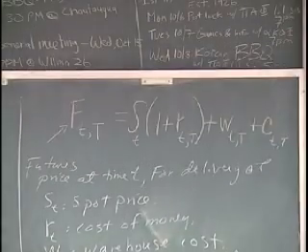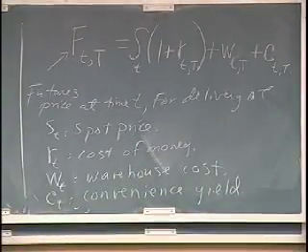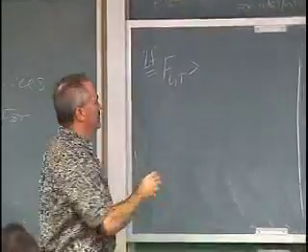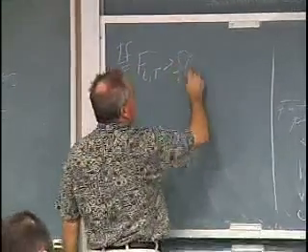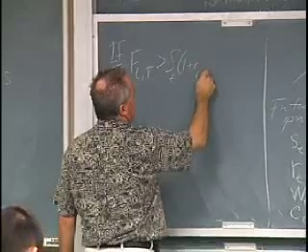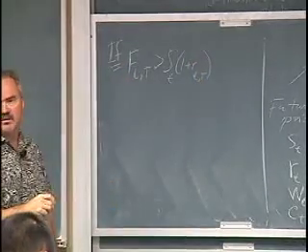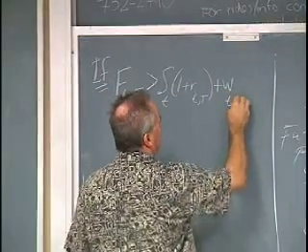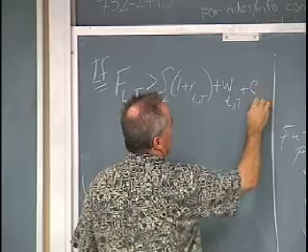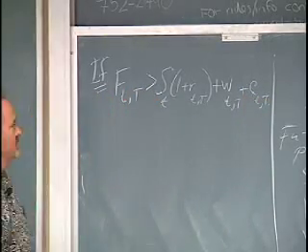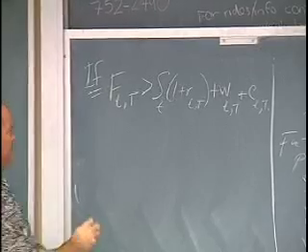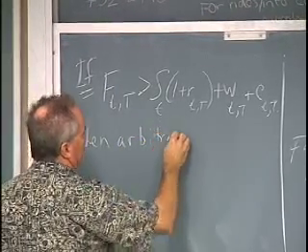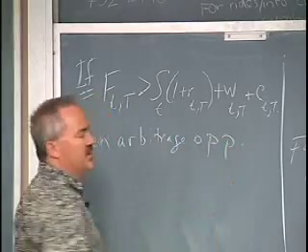However, if the futures price was greater than the spot price plus the cost of money invested in the spot market plus the warehouse cost plus the convenience yield, if that's the case, then there's an arbitrage opportunity.